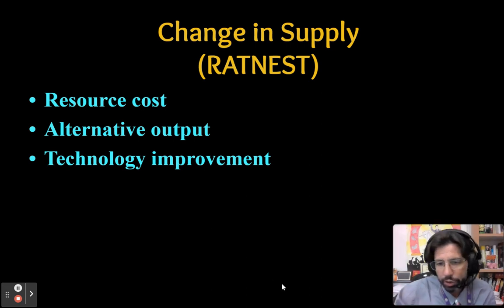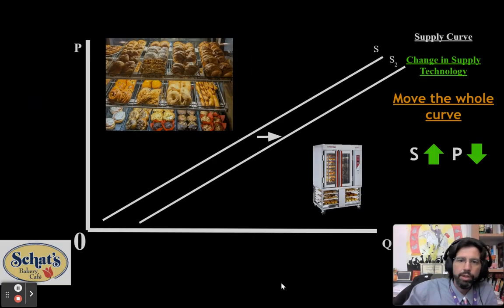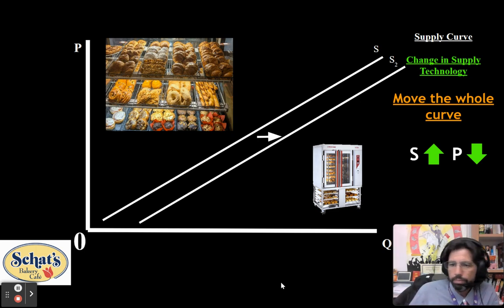Now let's talk about technological improvements. This one is really easy. Basically, if technology gets better, supply goes up, price goes down. Simple as that. So if I'm Shots and I get myself a nice big fat new industrial sized oven here that can bake a bunch of donuts, my supply of pastries and donuts goes up, overall price goes down.